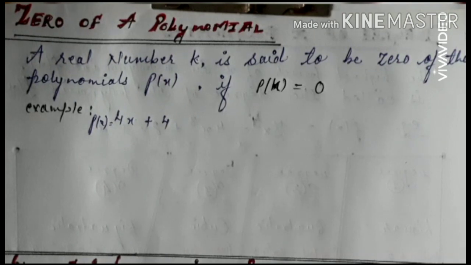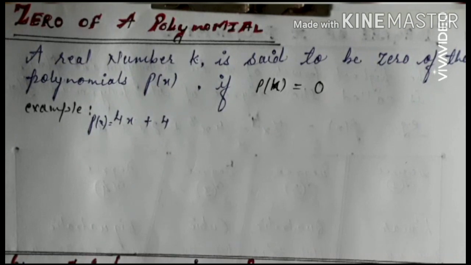Before this, we studied the value of the polynomial. Now our next topic is the zero of a polynomial. You studied it earlier in the 9th class, but this is the main thing here. What is a zero of a polynomial?